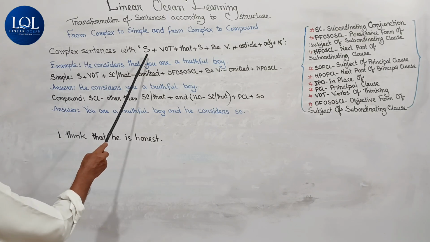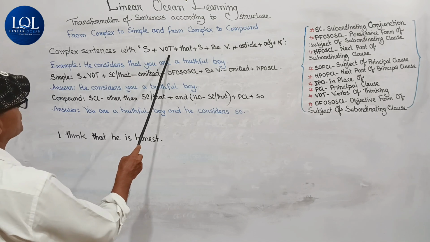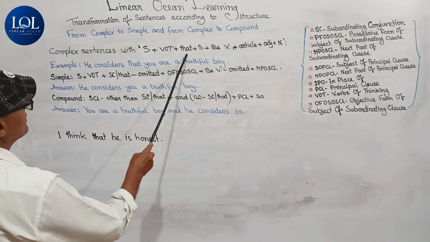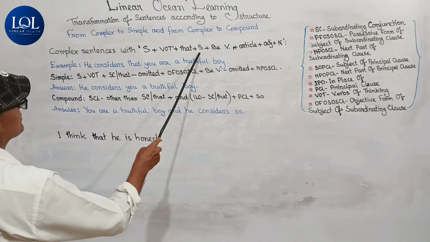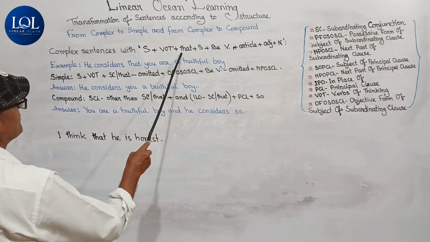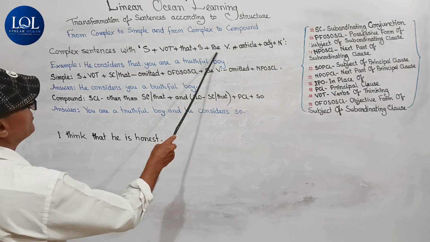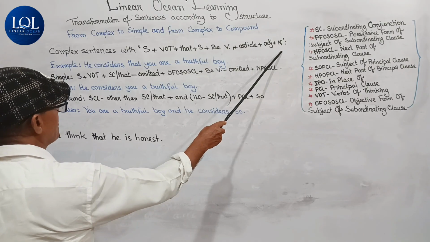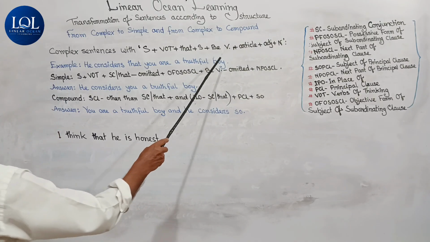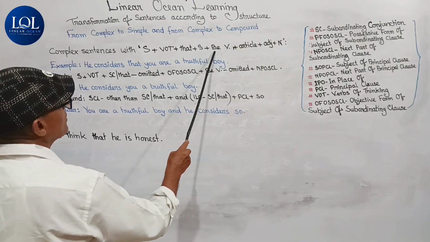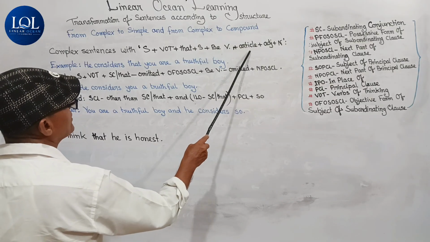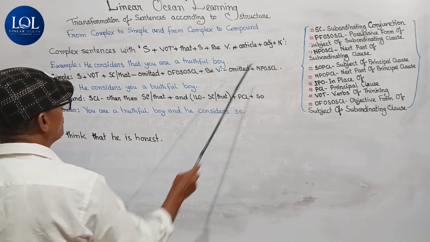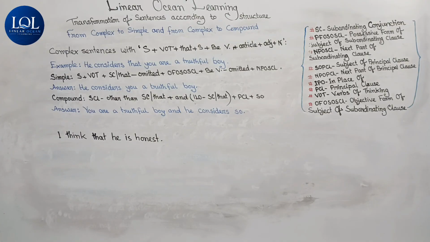Complex sentences with subject, verbs of thinking, that plus subject, that means subordinating conjunction, BV, then article plus adjective plus noun. Before, this construction of article plus adjective plus noun was not there.